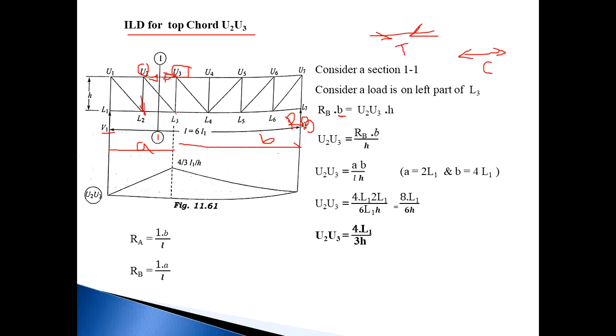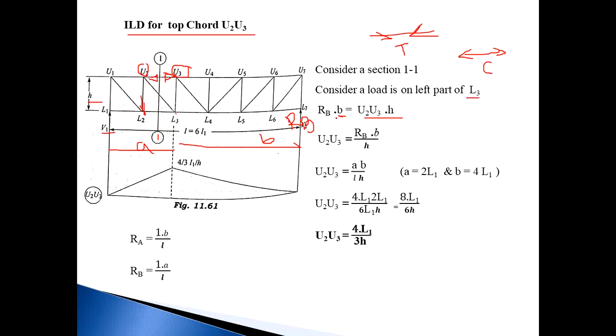The direction of the moment about L3 is clockwise, and U2 U3 is a force into distance, where the vertical distance from L3 to U2 U3 is h. So U2 U3 into h is the moment about L3.